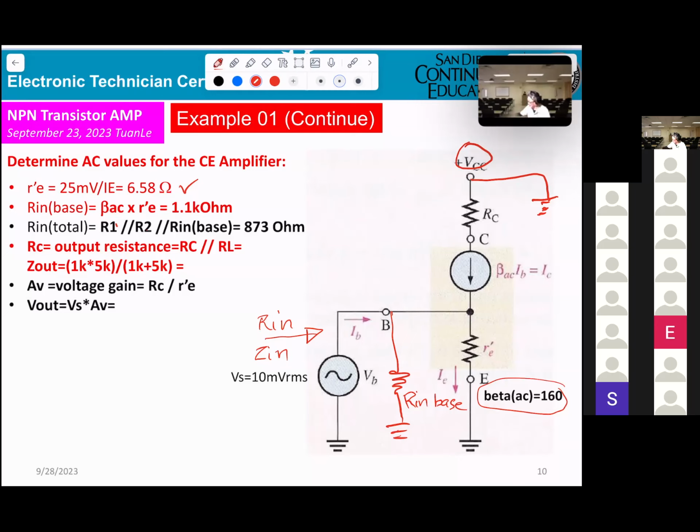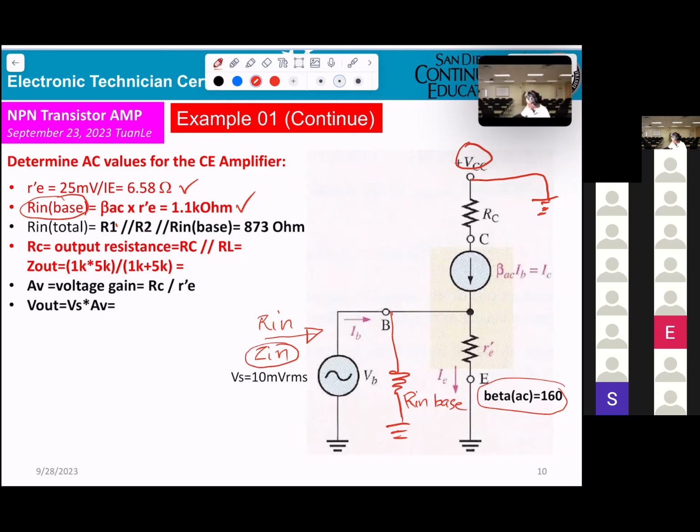So you get 1.1 kilo ohm. Okay, that is R in base. And now they want R in.